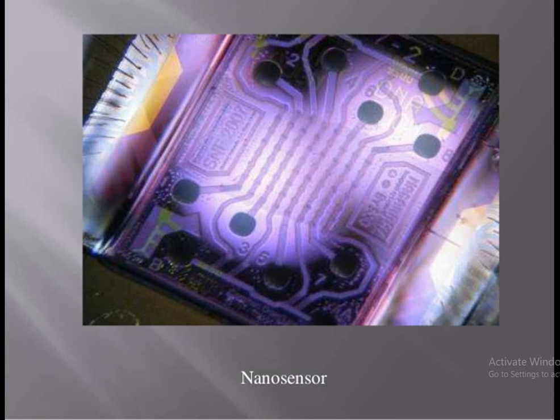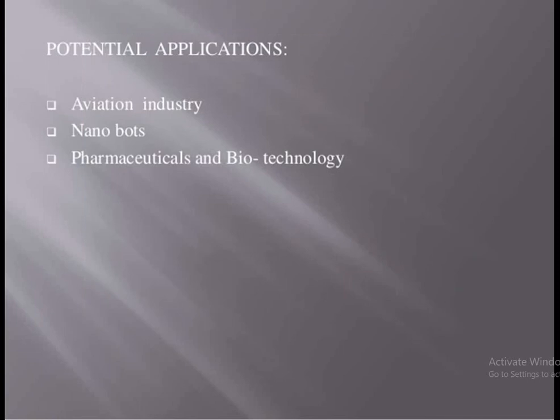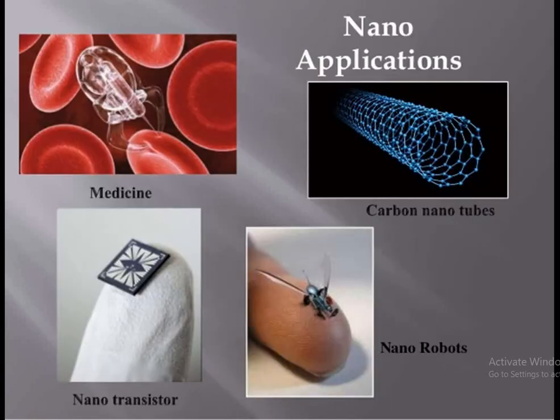These are some pictures of nanosensors, and the potential applications include the aviation industry, nanobots, pharmaceuticals and biotechnology. These are some nano applications. Here you can see medicine, carbon nanotubes, nanorobots and nanotransistors.